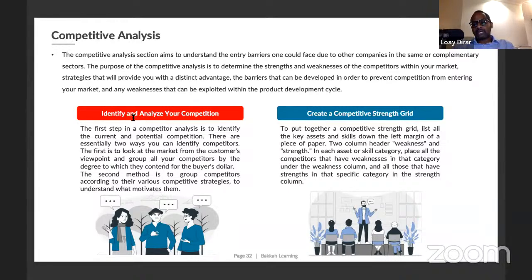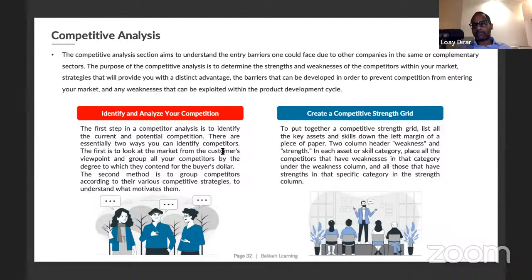You need to start by identifying and analyzing your competitors, which at the first step means identifying the current position of your competitors. There are two ways to help you identify your competitors. One of them is from the customer's point of view. Ask your customers, why are they buying from your competitors and not buying from you?